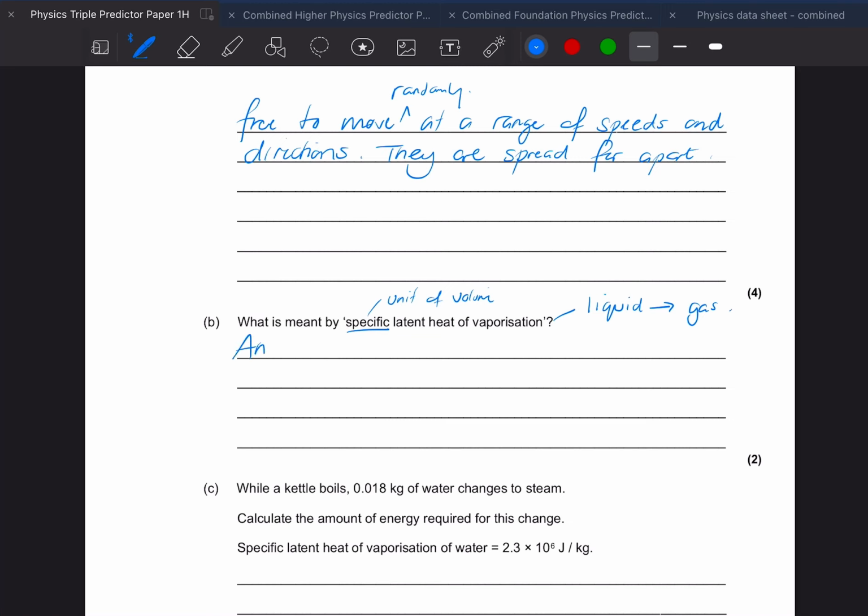the amount of energy required to change a liquid.